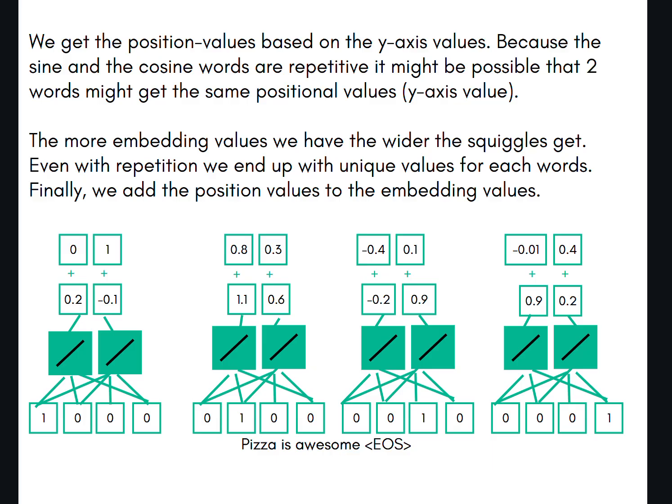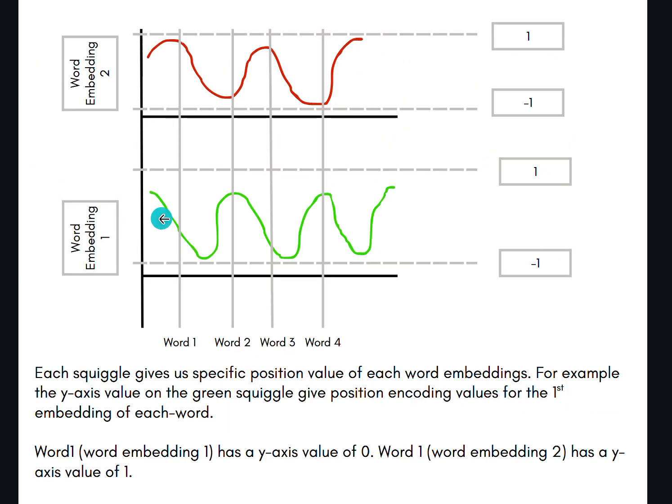Because the sine and cosine waves are repetitive, it might be possible that two words get the same positional y-axis value. The more embedding values we have, the wider the squiggles become. What it means is that here the frequency is very compressed, and then as it keeps having more word embeddings, it gets spread out.